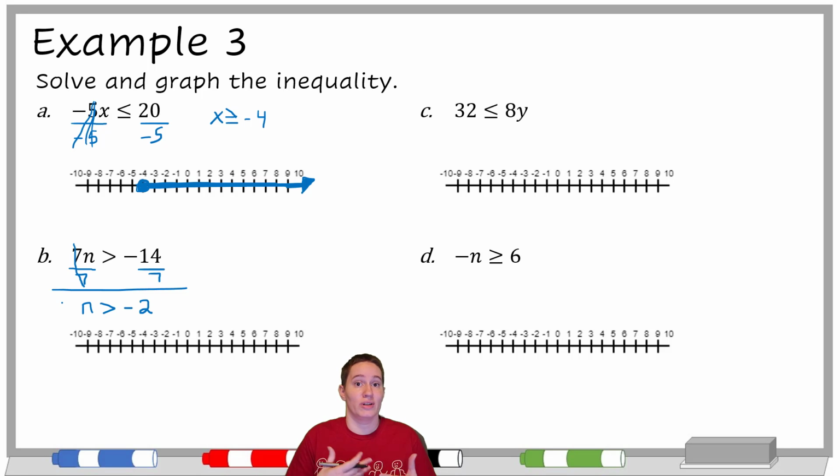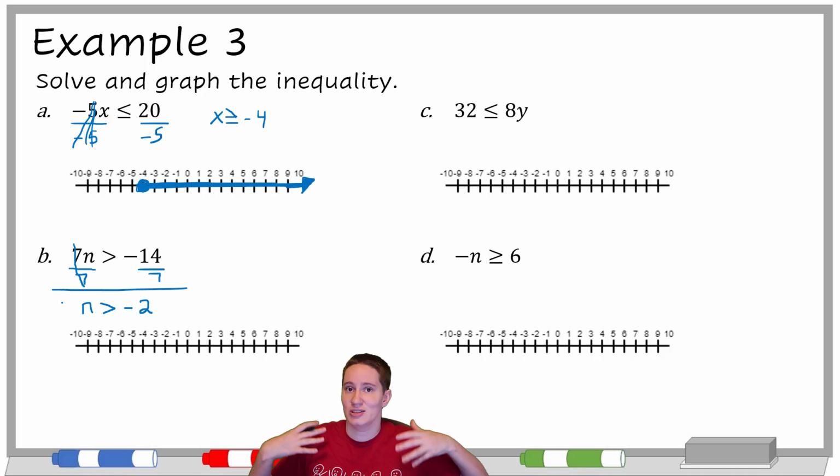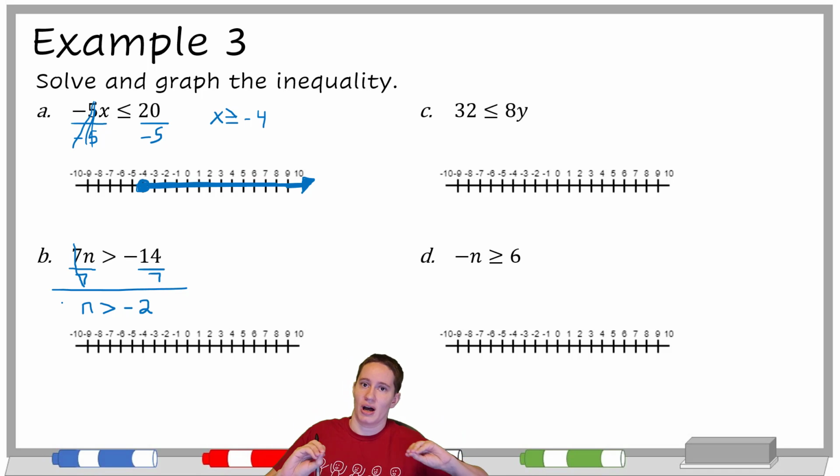But because what we divided by was positive, it doesn't flip the inequality. That's an easy mistake to make, thinking that just because there's a negative involved at all, we flip it. But it's a very specific situation when we divide by a negative. So the number we divide by needs to be negative in order for us to apply this rule.